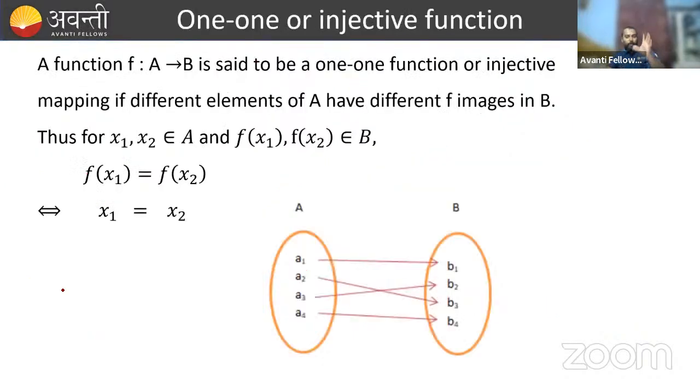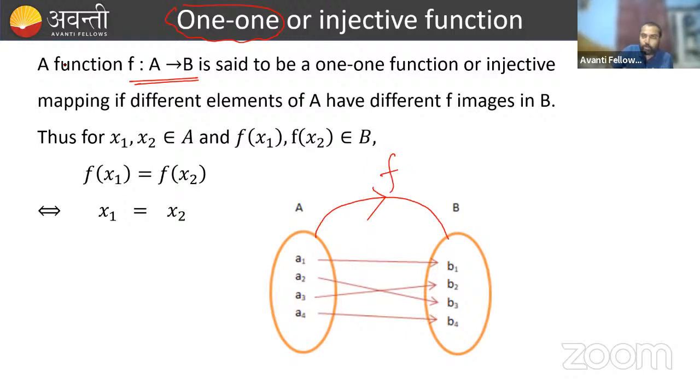Now we'll learn what is a 1-1 function or injective function. What is a 1-1 function? Simple. A function f which is mapping from A to B is said to be a 1-1 function or injective mapping if different elements of A have different images in set B. Okay, we'll understand this by using this Venn mapping diagram.